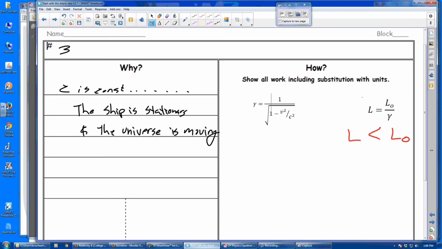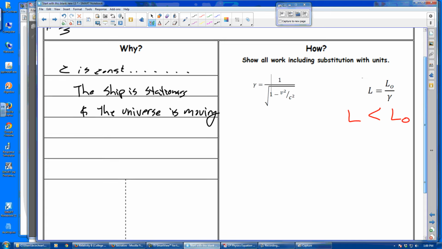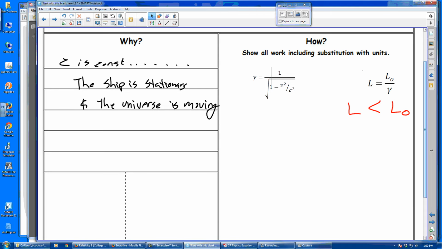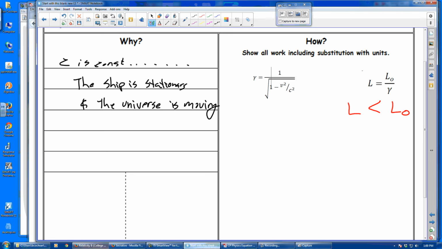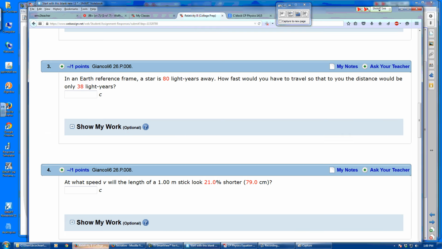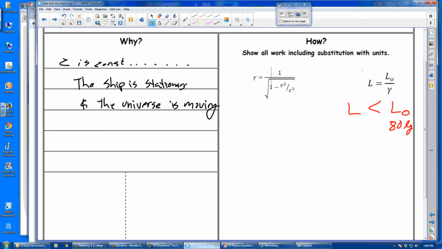Dividing by something greater than 1 always gives you a smaller number. So our L naught is our 80 light years, and our L, since it has to be less, is our 38 light years.